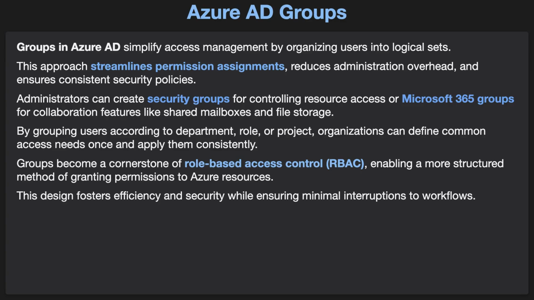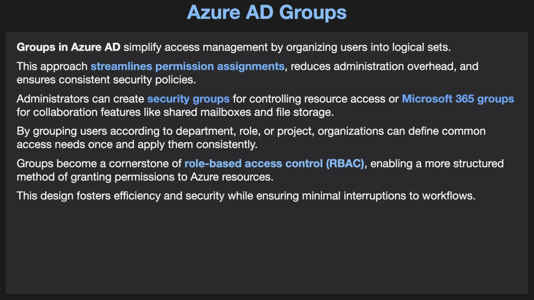Groups in Azure AD simplify access management by organizing users into logical sets. This approach streamlines permission assignments, reduces administration overhead, and ensures consistent security policies. Administrators can create security groups for controlling resource access or Microsoft 365 groups for collaboration features like shared mailboxes and file storage.